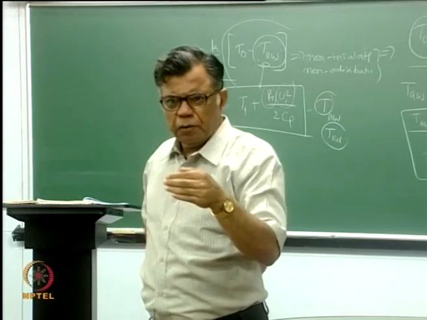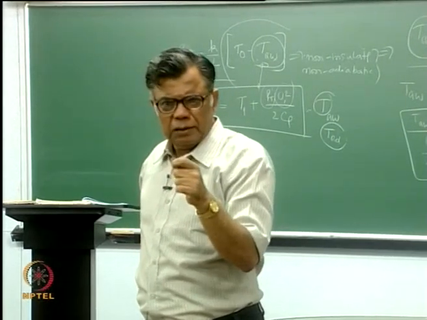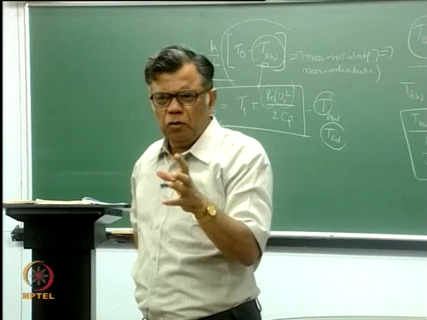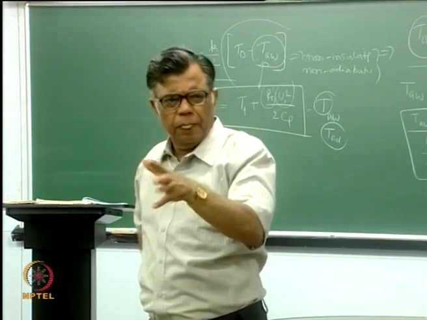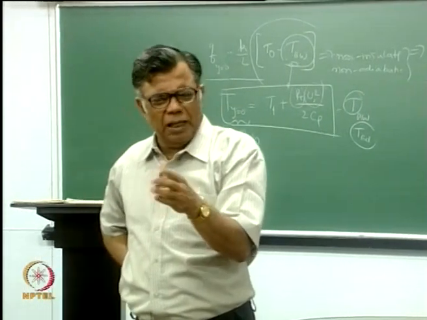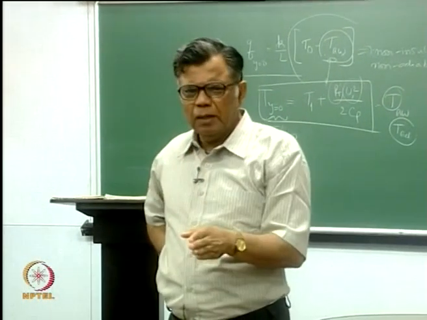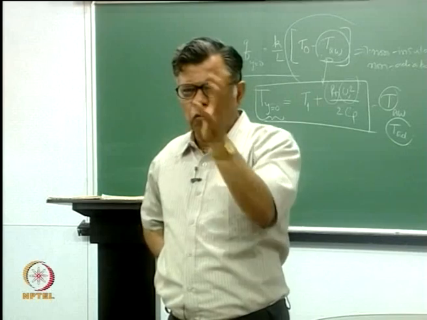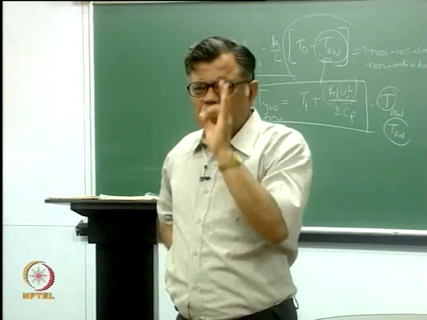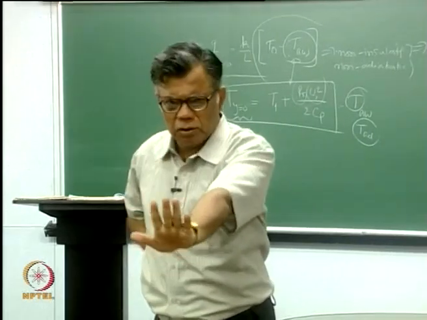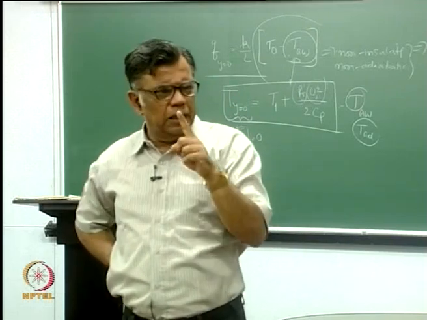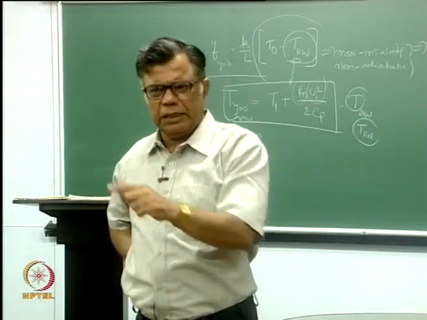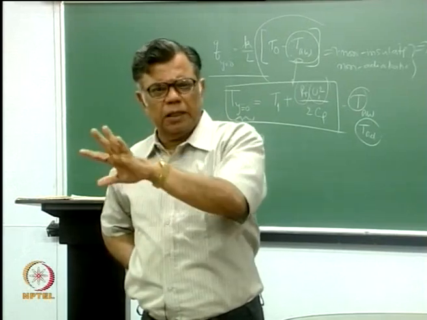This is very important for us to know that the recovery factor has a value which is some function of Prandtl number, Prandtl power 1 half, root 1/3 or whatever. In the case of Couette flow it is equal to Prandtl number, that is all. For high velocity laminar boundary flow with air it is I think Prandtl power half, you please check. For turbulent flow it will be Prandtl 1/3 I think, please check it out.